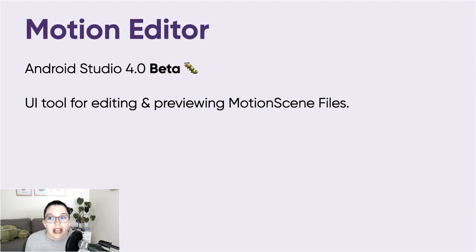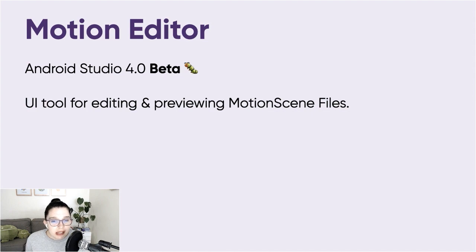Like I mentioned, this is, however, only for Android Studio 4.0 Beta. So, as to be expected, there are a couple of bugs, but working with motion scene and motion layouts is way, way easier than writing up all that XML that we just looked at.